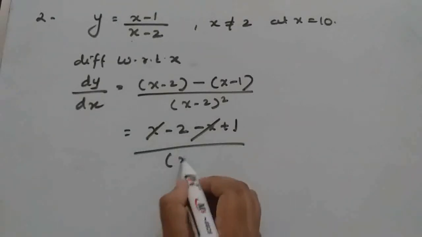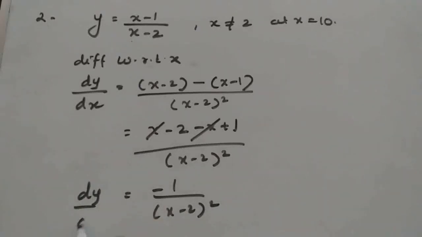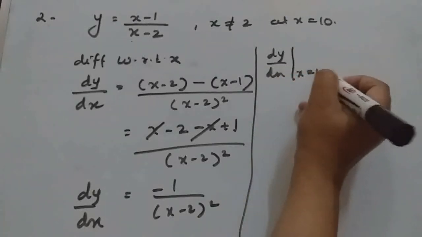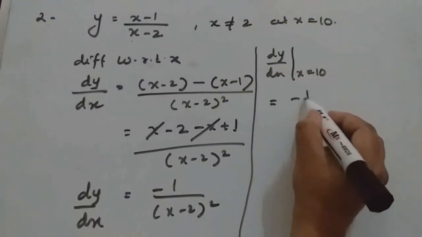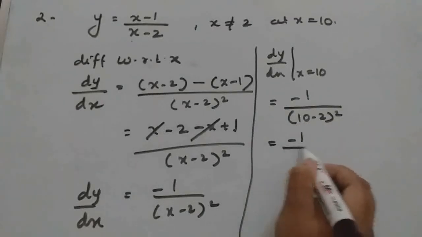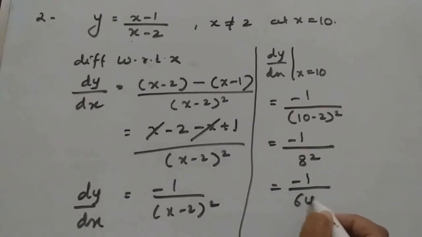X minus x will go. So the answer is minus 1 by (x minus 2) whole square. This is the slope of the tangent. But at the point x equal to 10, so we should substitute the value, 10 minus 2, that is 8 squared, that is 64.